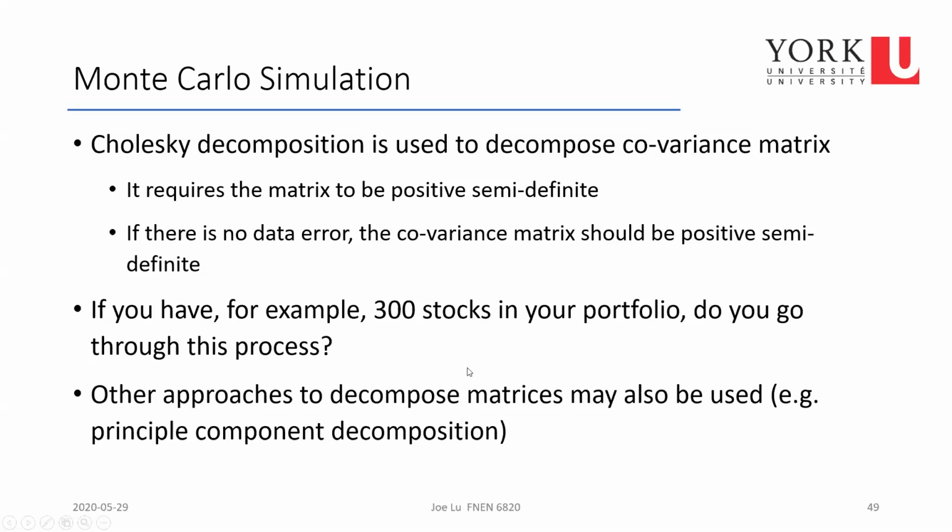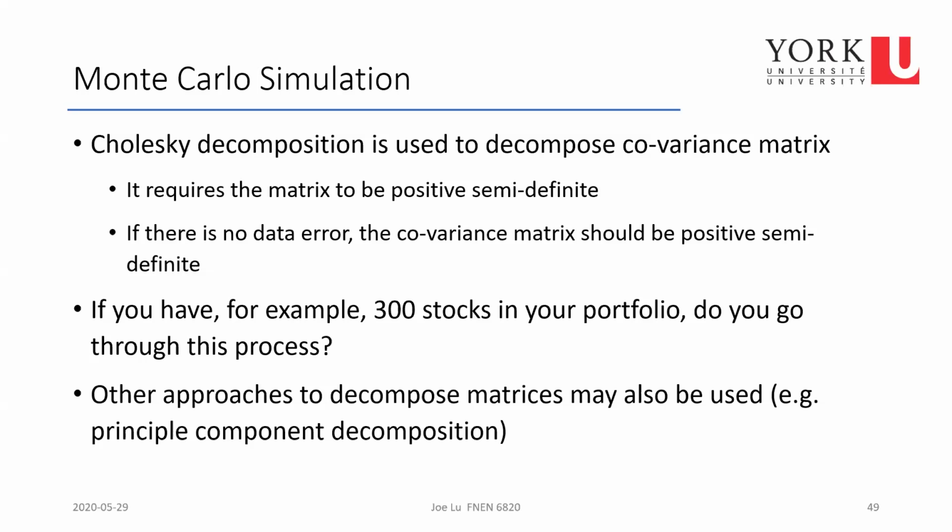Typically, you may have several hundred stocks whose movements are all correlated. For example, the S&P 500 has 500 stocks, they're all correlated. Then you are looking at decomposing a 500 by 500 matrix, which is very big, and it will take a very long time to decompose. In those cases, it's probably not feasible to do.